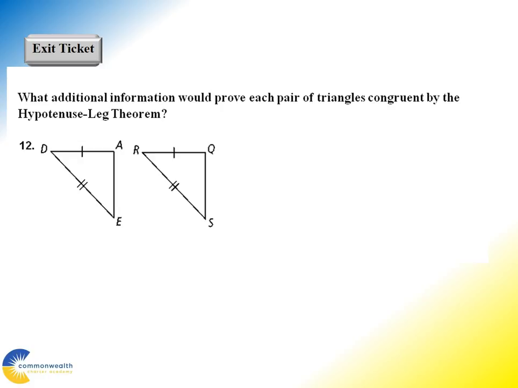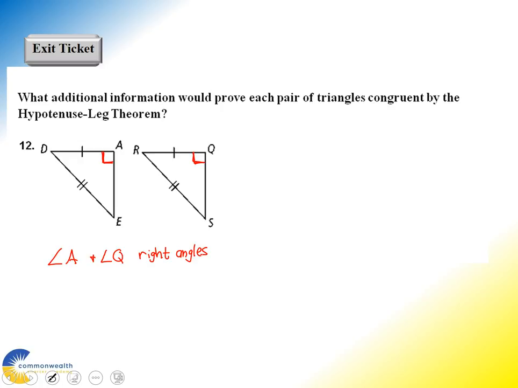So what I would need essentially is for angle A and angle Q to be given as right angles, based off of the way that the picture looks. I could have also said that angle E and angle S were right angles, but they don't look like they'd be the right angles of these two triangles, so that's kind of far-fetched. But it would also work if that happened to be the case.